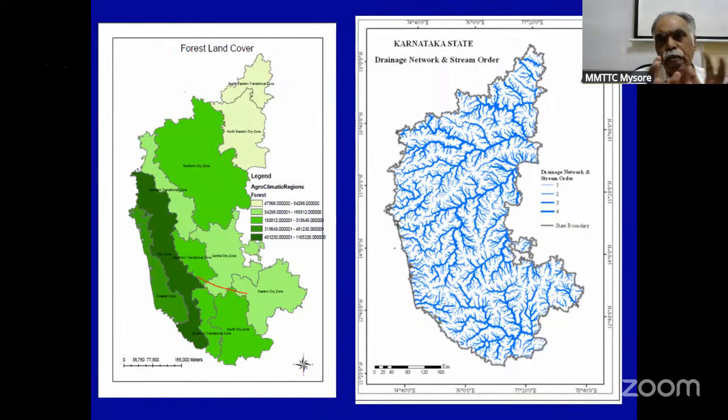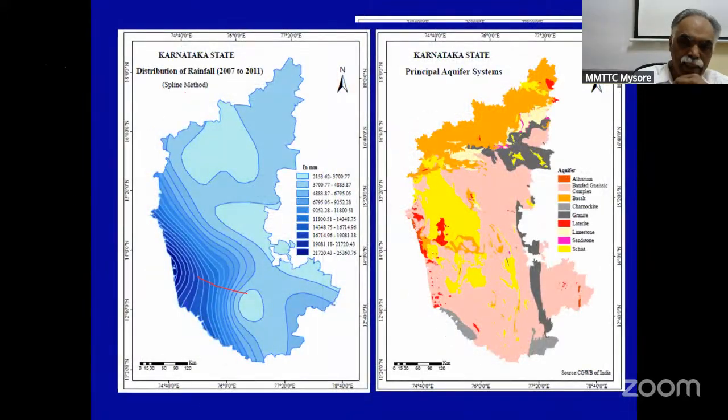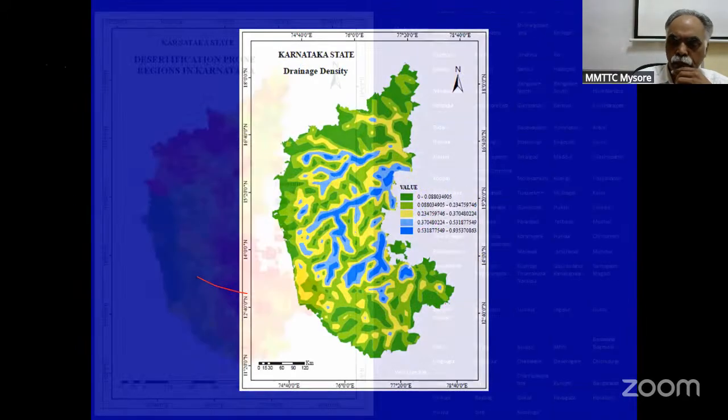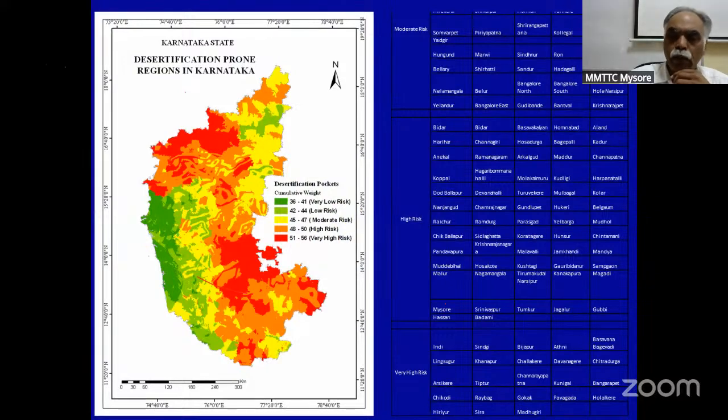Based on the various types of data, the final output map has been generated. So the final output map is this one. Here we find the entire Karnataka has been classified into different categories of susceptibility to desertification. See, this desertification is a very slow process.